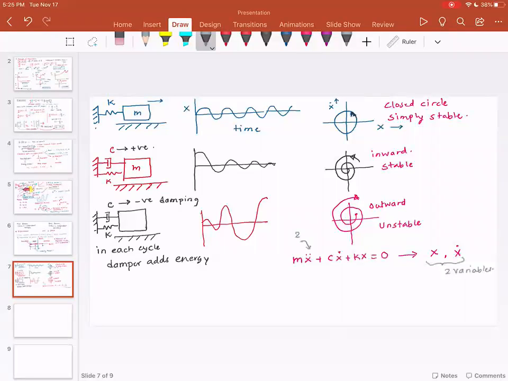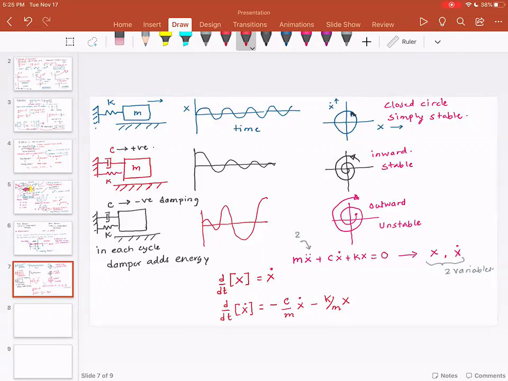And then my first expression is going to be d by dt of x is equal to x dot, d by dt of x dot. Now check this out. In this expression, this is going to become minus c by m x dot minus k by m x.